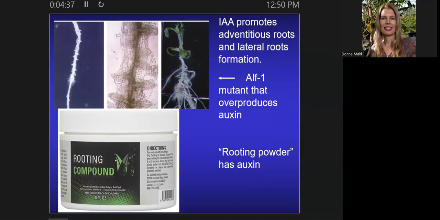So if you've ever used rooting compound, if you get cuttings of plants and you take a stem cutting and you want it to start rooting, if you dipped the stem into that powder, or sometimes it's liquid, that rooting compound, it contains auxin, or probably indole acetic acid, that version of auxin. And so it's stimulating the cut area of the stem to go ahead and start producing roots. And so that's one of the things that you find when you go and buy that commercial rooting compound.